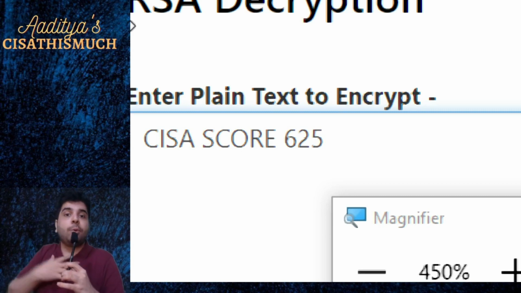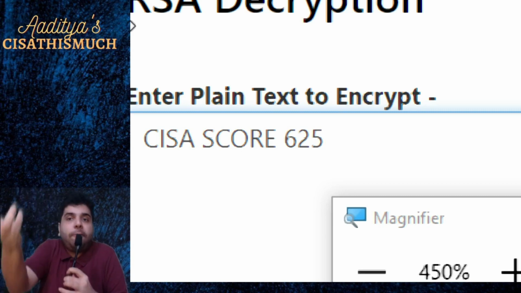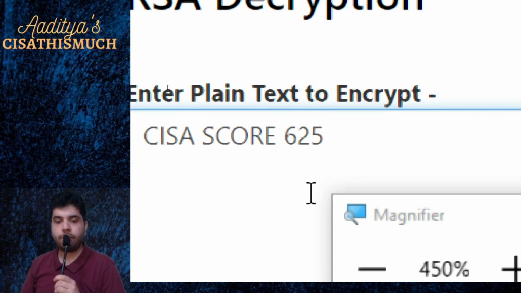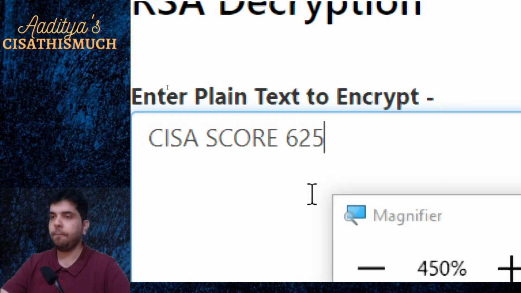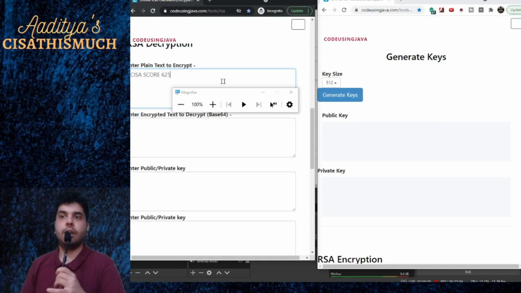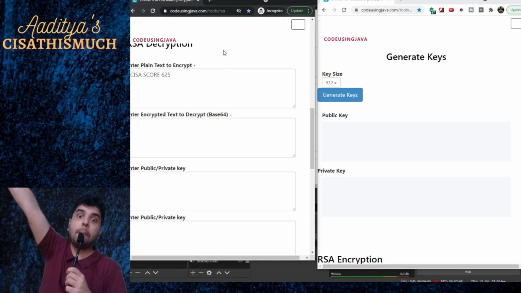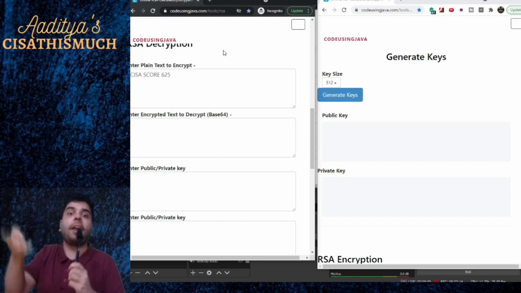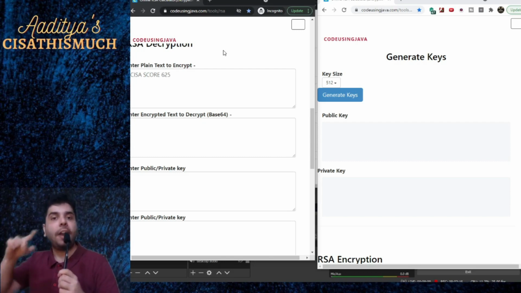So I am supposed to convert it into some form which no one can identify. Yes, now Aditya is supposed to use John's public key. Sender is supposed to use receiver's public key for encrypting the data, for encryption.